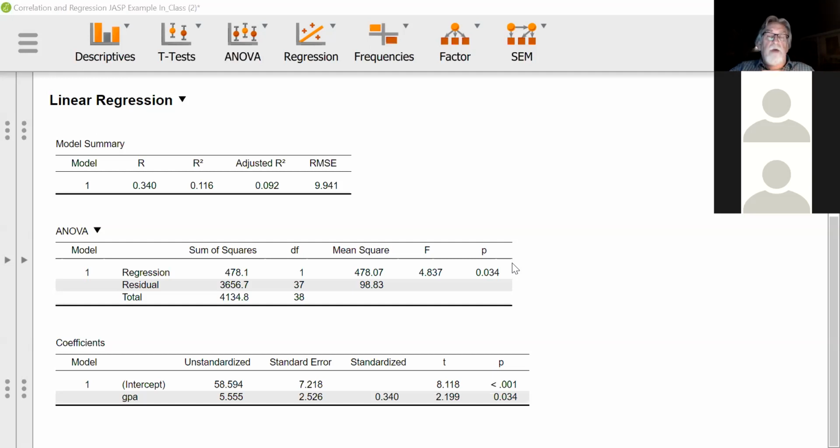And that range is defined by margins of error. And we'll talk about margins of error probably the next time we meet as to what those mean.